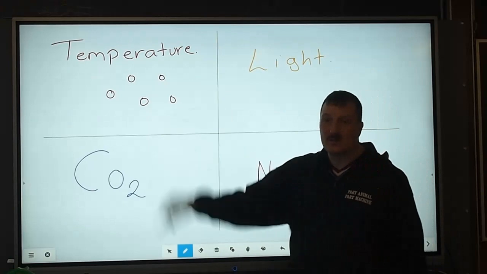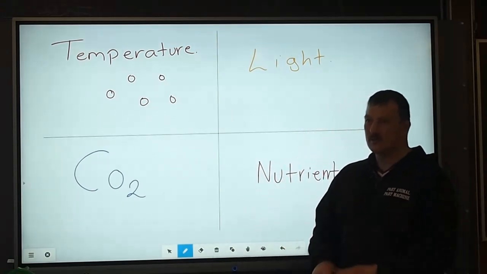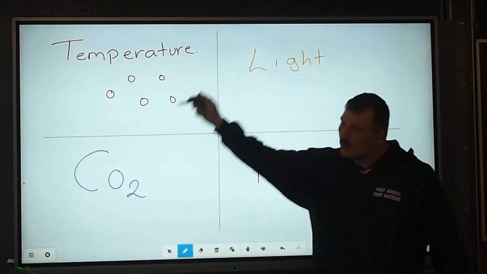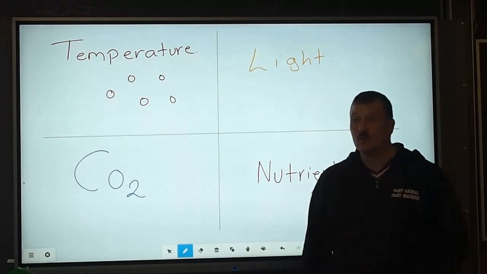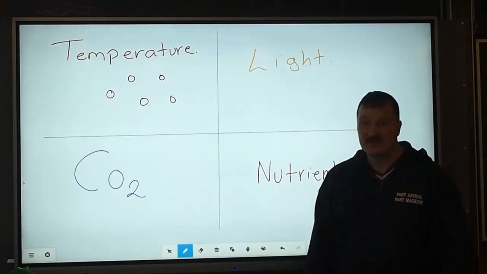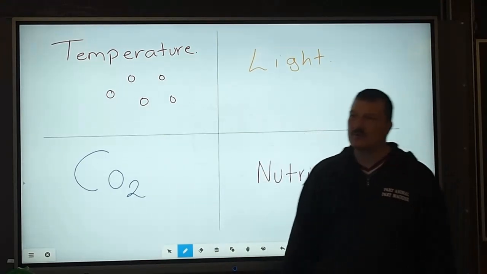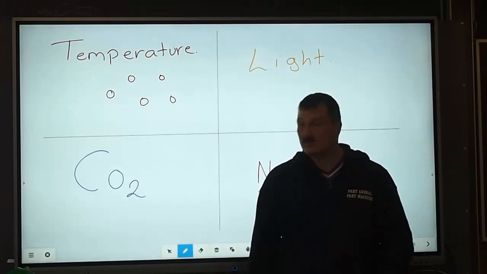So at a very low temperature, enzyme reactions work slowly. If the water temperature is around freezing, we would expect photosynthesis to work slower than at 20 degrees. So in general, an increase in temperature will give us an increase in photosynthesis.